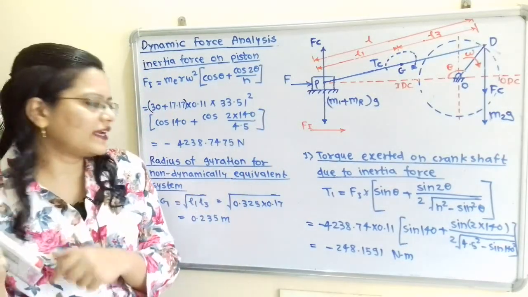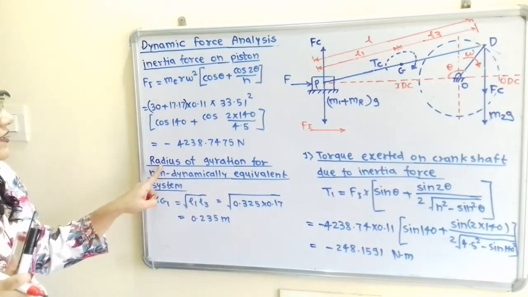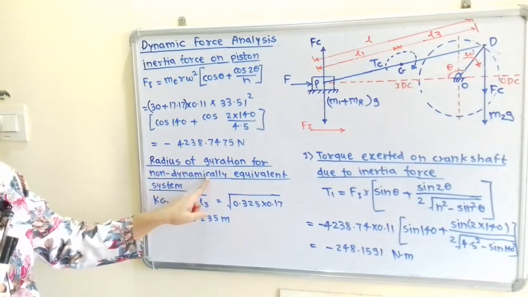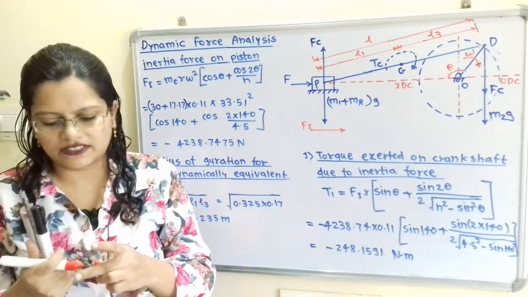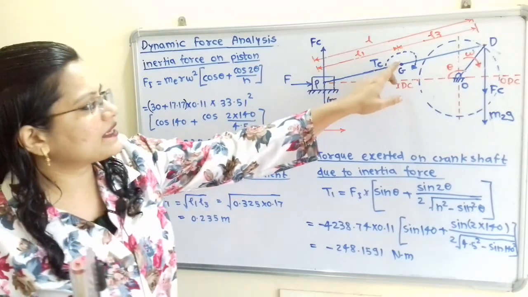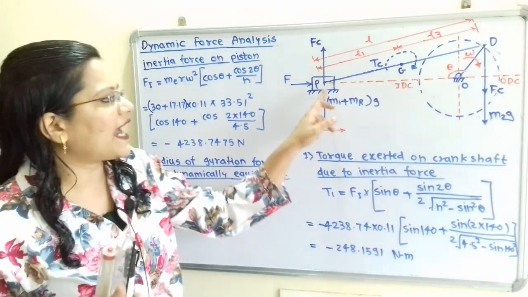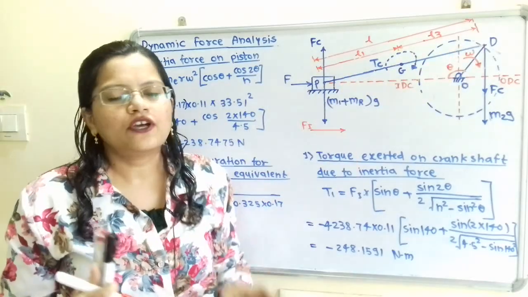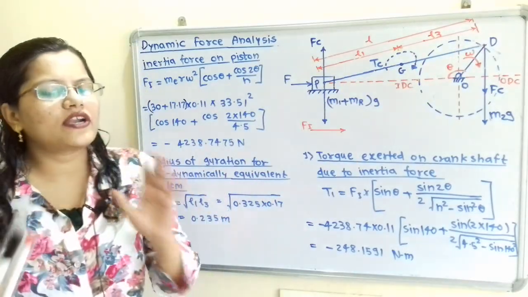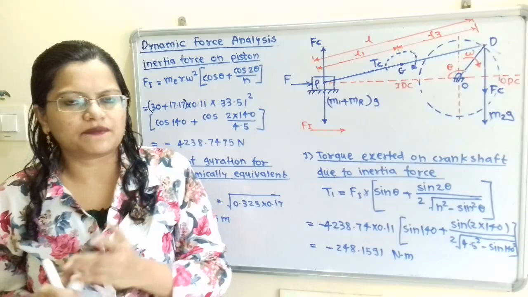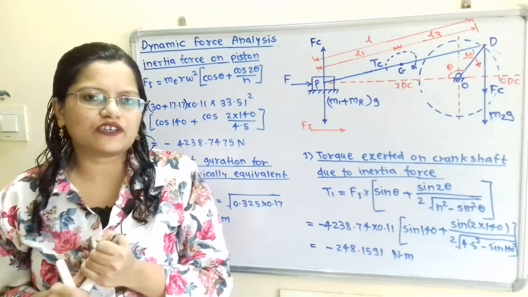Now we will move to the next parameter. We will calculate radius of gyration for the non-dynamically equivalent system. Because we have split the masses into m1 and m2 and placed them arbitrarily at this point P and D, this system will become a non-dynamically equivalent system. So how to find out the radius of gyration?